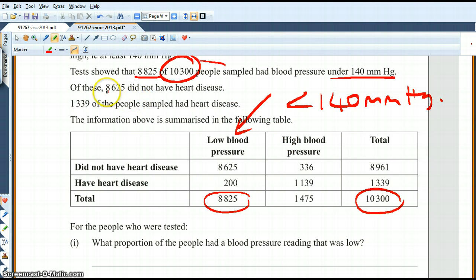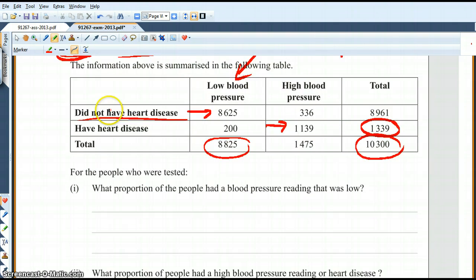And of those, this number did not have heart disease. 1,139 of the people sampled, this many here, had heart disease. The information is in a table, so that's really cool. They did the two-way table for you.